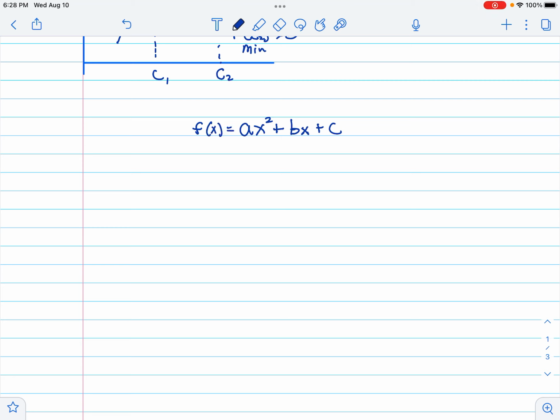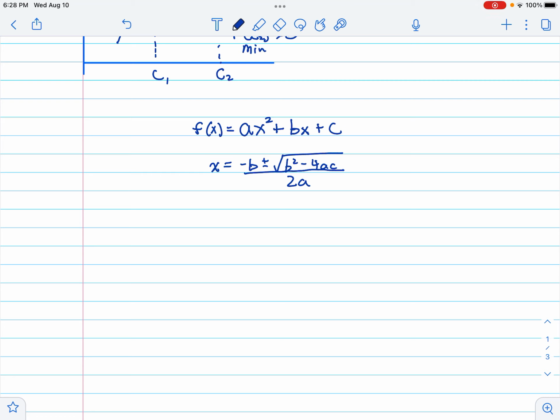Okay, there's a quadratic function. And let's suppose we want to find the zeros of this function. So in other words, I'm going to say, okay, x equals negative b plus or minus the square root of b squared minus 4ac, all over 2a.